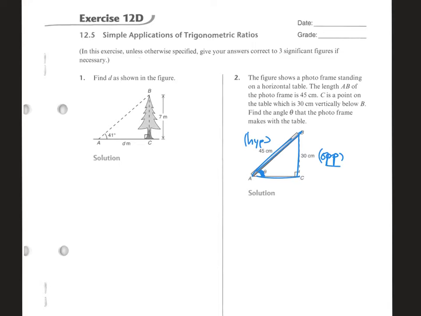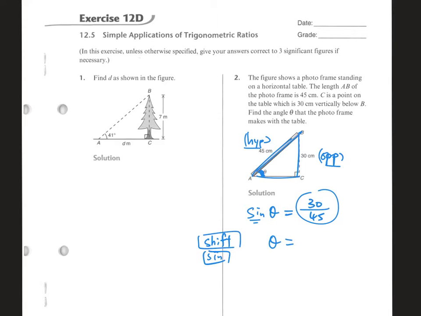So with opposite and hypotenuse, is it sine, cosine, or tangent? Yes, sine. So sine theta will be 30 over 45. In order to remove the sine, you use shift sine, the button on your calculator, shift sine of this big fraction, and see whether you can obtain the result very quickly. I leave the answer for you to fill in.